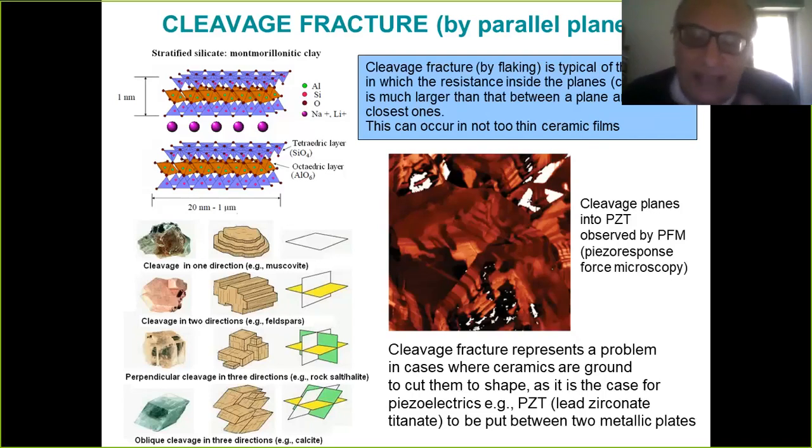Then we will see other ways of producing ceramics next time. But in general terms, cutting is still an option and still a problem because you have uncontrollable cleavage fracture, and you can have flaking of ceramic and loss of material.